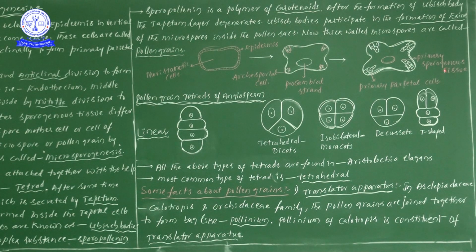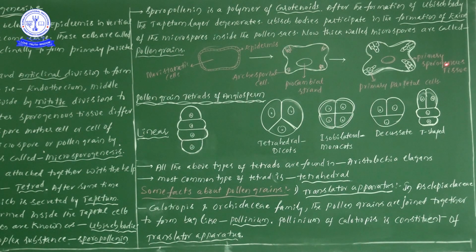Tissue means a group of cells, but here only one cell is there, so let us take it as the primary sporogenous cell. When the primary parietal cells divide periclinally and anticlinally, they form the endothecium, middle layers, and tapetum.